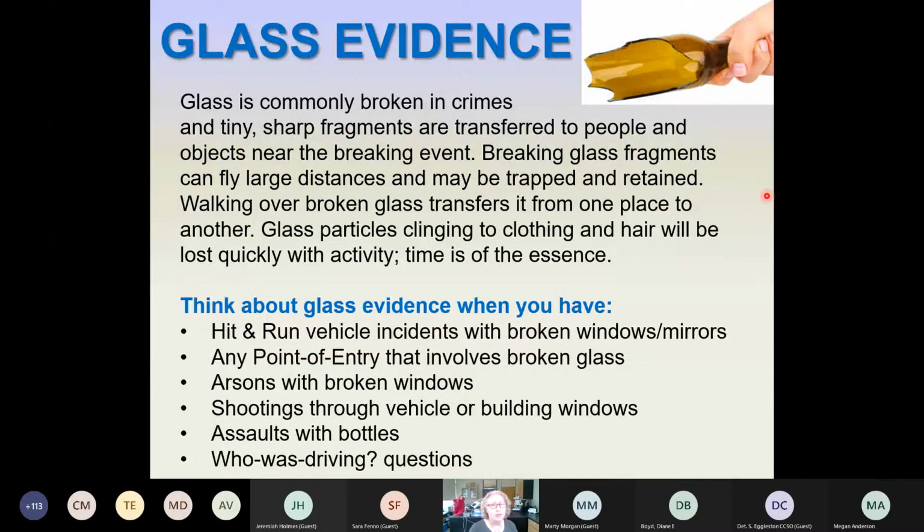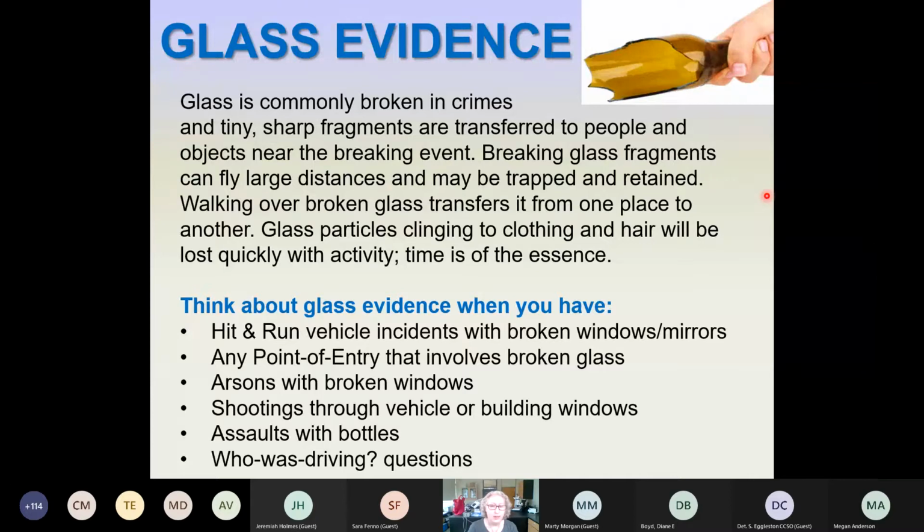So when you are thinking about glass evidence, these are just some typical types of crimes that we see these cases associated with. Definitely any hit and run vehicle incidents, broken windshields, windows, mirrors, any point of entry involving broken glass, arsons with broken windows, arsons also with Molotov cocktails using glass containers, shootings through vehicle or building windows.